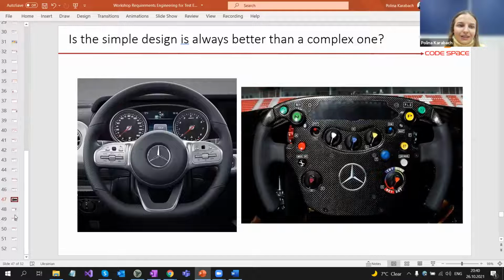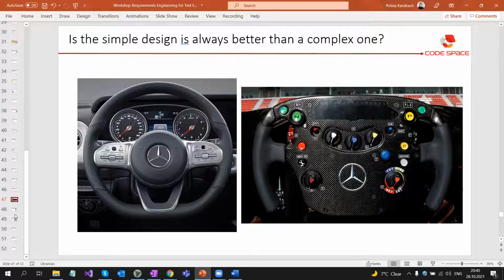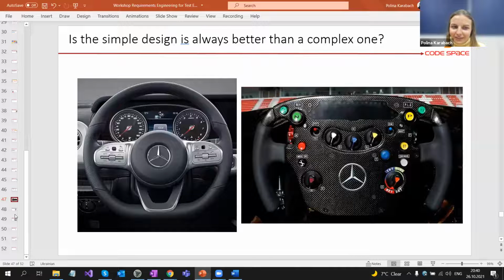Then these are two steering wheels from a car, and I have a question for you. Which one do you think is easier, better, more useful? Left one. Left one. Any other thoughts?